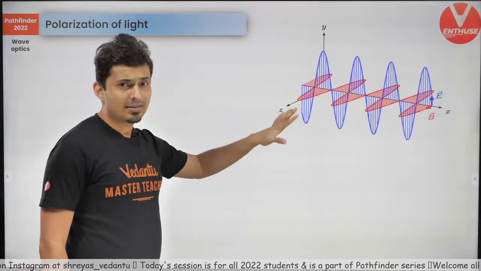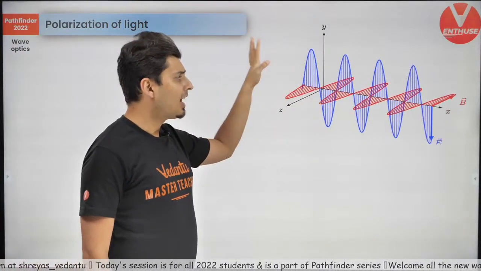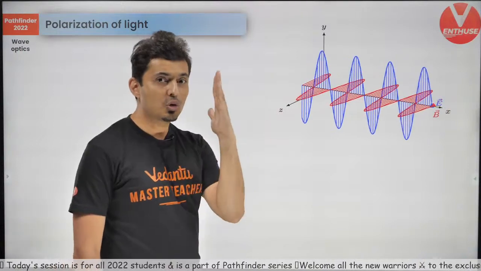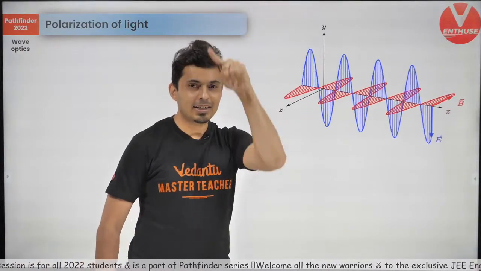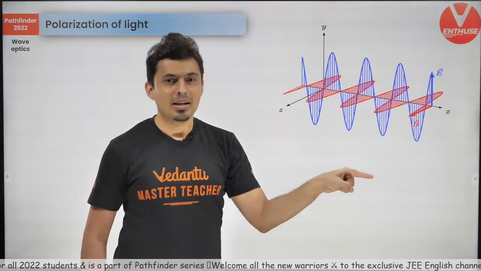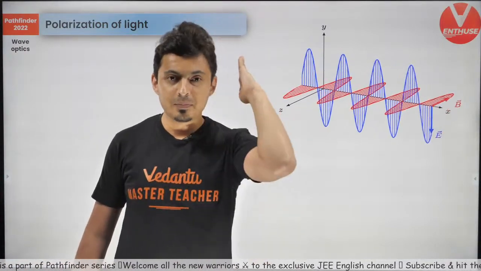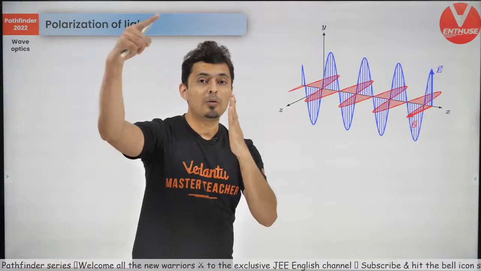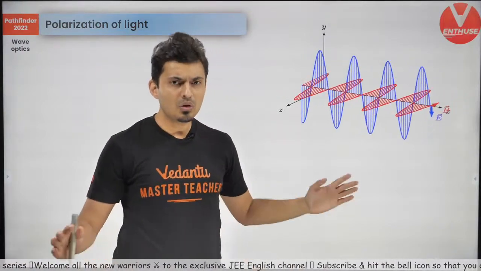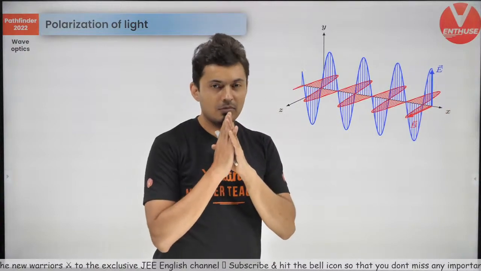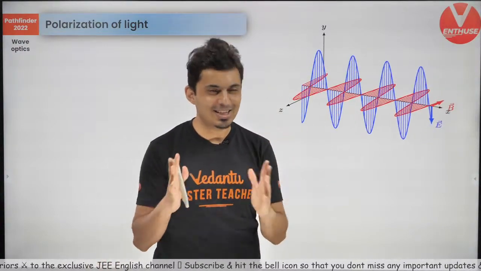In the last lecture of the 12th standard Pathfinder series, I told you light is an electromagnetic wave. And it has two planes in which electric field and magnetic field oscillate. For convenience, we take the electric field as our plane of primary oscillation. So actually speaking, light is a transverse wave. It's not a longitudinal wave, light is a transverse wave.